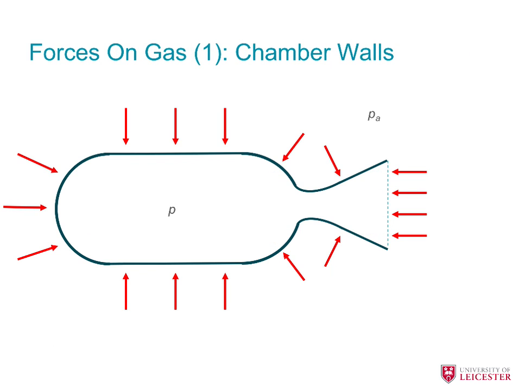So let's consider next the force which the chamber walls exert on the combustion products, in other words the gas within the combustion chamber. So the chamber walls act on the gas, and there's a force on the gas as a consequence, and that force, which we'll call Fg, is given by the surface integral of P dA.